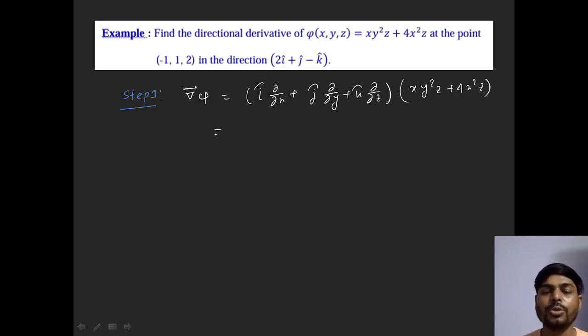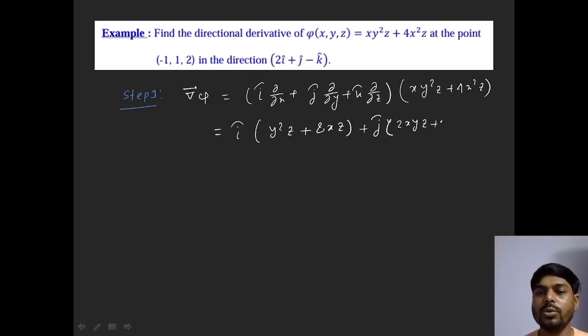If you solve that, i cap, when del del x is operated on those whole terms, gives you the first one as y square z, and the second one is 8xz, plus j cap, which gives you 2xyz, and the second one is 0 as there is no y term, and also k cap, which gives xy square, and for 4x square z, it gives you 4x square.